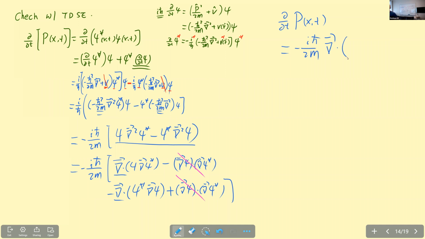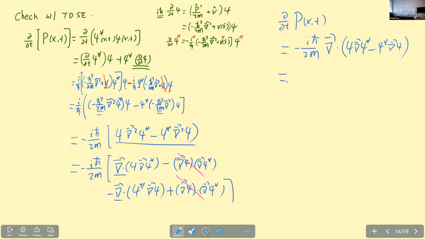So what's inside is psi times this gradient of psi star, minus psi star times the gradient of this.